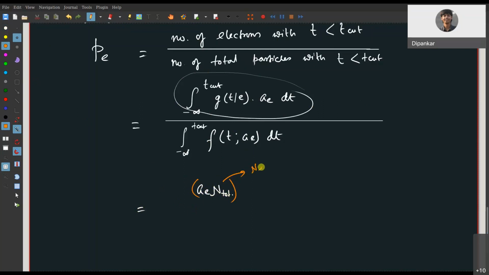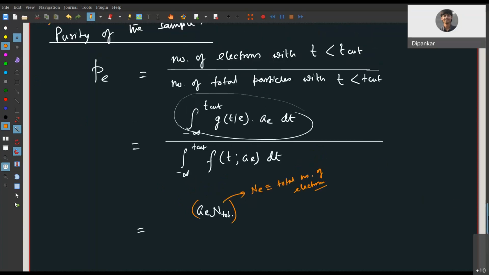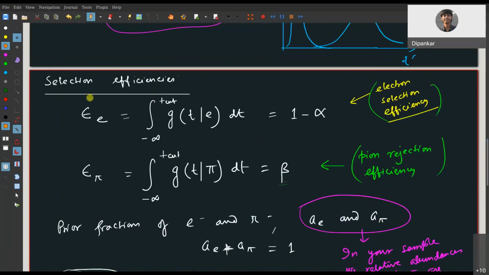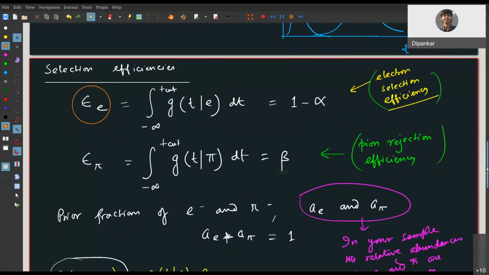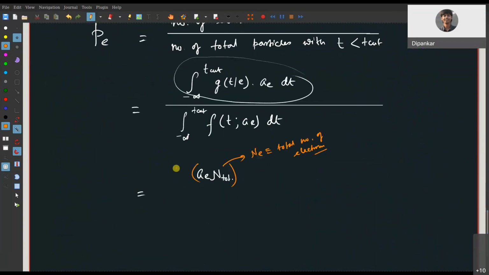So this is N_E, the total number of electrons. Since my electron selection efficiency is epsilon_E, that can be determined by this. Then epsilon_E times this is the total number of accepted electrons with T less than T cut.